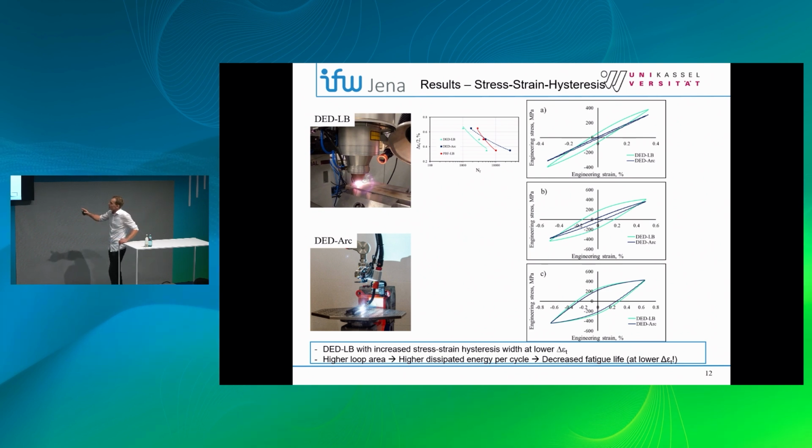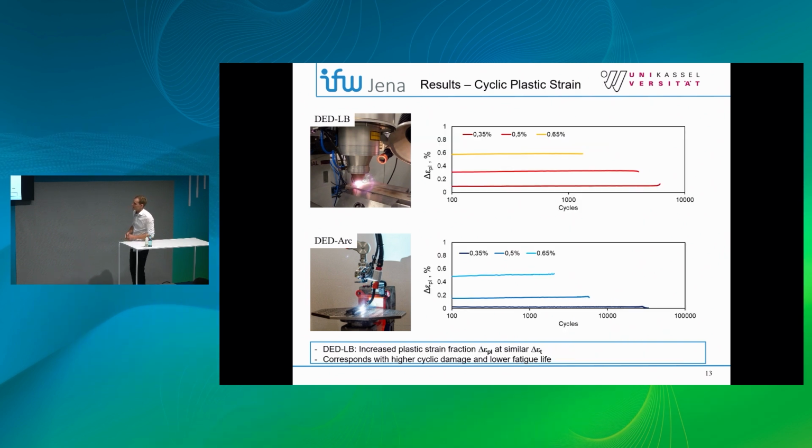But, and this is somehow special, at the lower strain amplitudes, where the DAD arc material is predominantly deformed elastically, the hysteresis loop for the DAD LB material is significantly wider, and usually this is a measure for the fatigue damage or also for the dissipated energy per cycle, and thereby for the irreversible plastic strain.